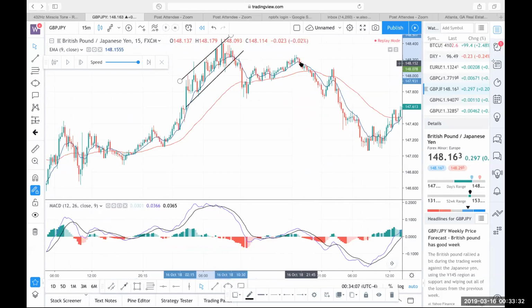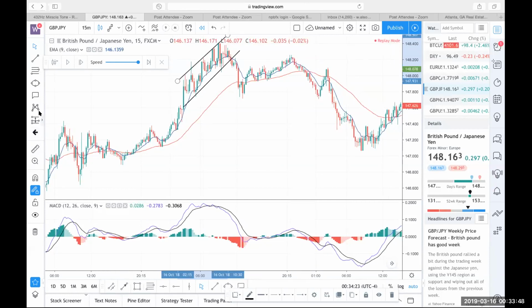Because the first one didn't cross, obviously it wasn't a confirmation. It wasn't ready yet. And then after the second channel, you see they crossed right there. They crossed, then you got your retest and your bearish engulfing, continuing to the downside. Correct.